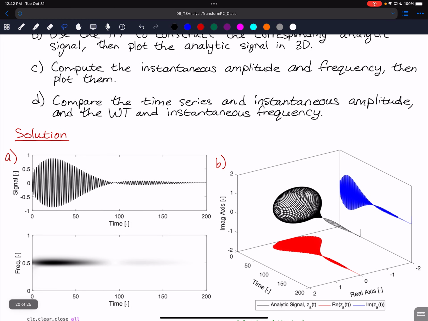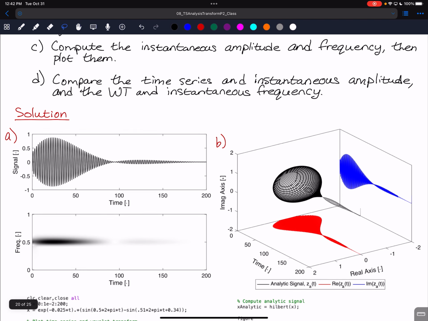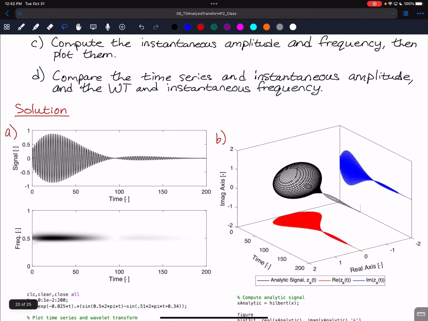You should be able to see it in the wavelet transform as well, how there's this very dark beat in the very beginning, and then it goes to almost zero amplitude, and then it increases again. So just taking a look at this analytic signal, you can see when it's plotted in 3 dimensions, both the complex plane as well as expanding that through time.